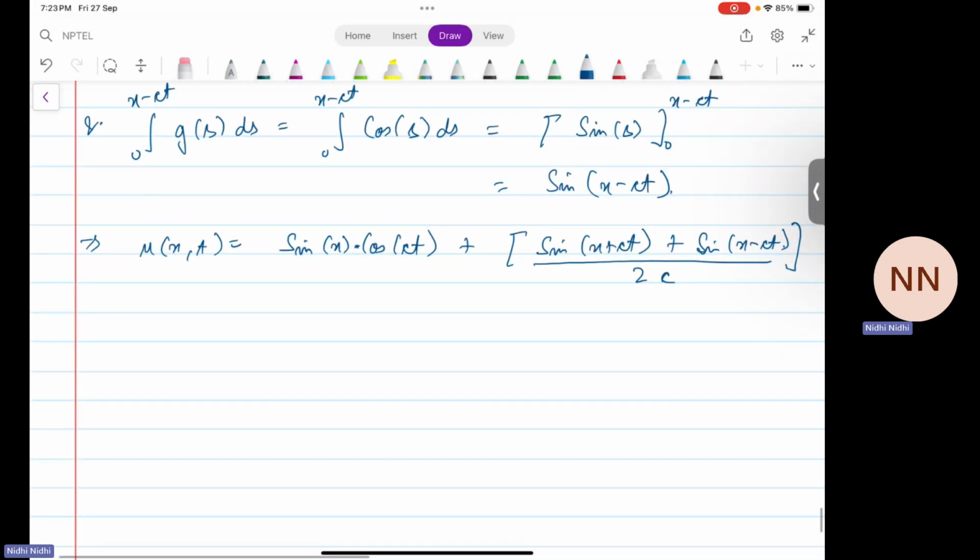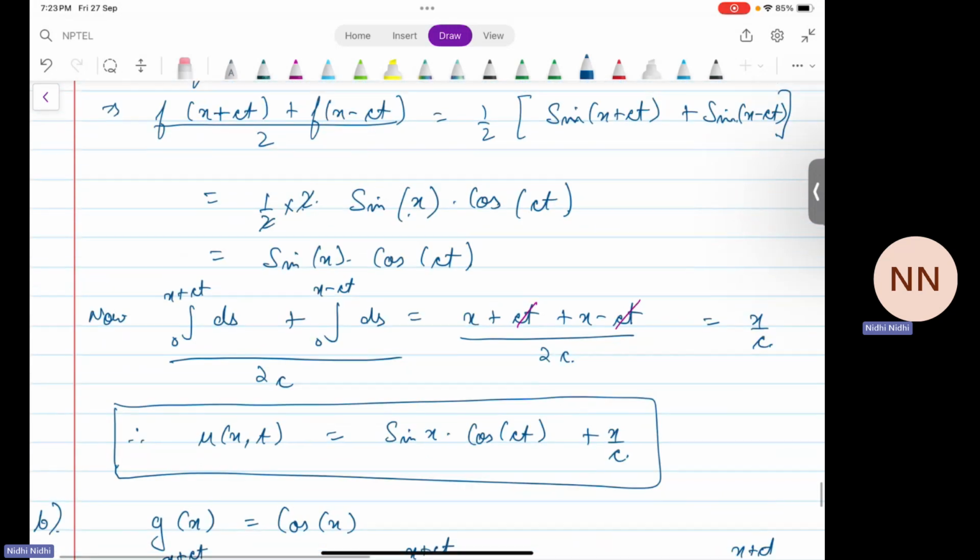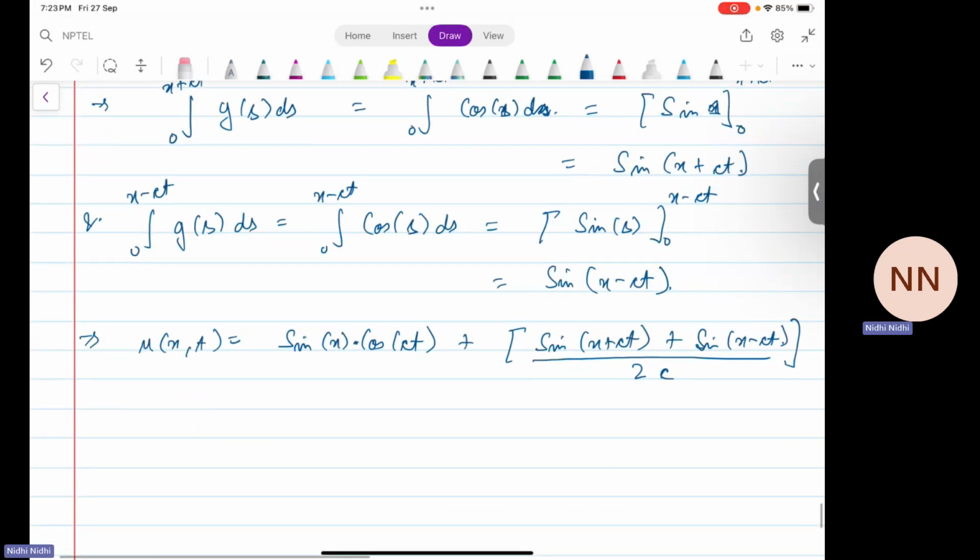So again we will be using sin a plus sin b. As done earlier, we will again get 2 sin x cos ct. So this is nothing but 1 plus 1 by c times sin x cos ct.